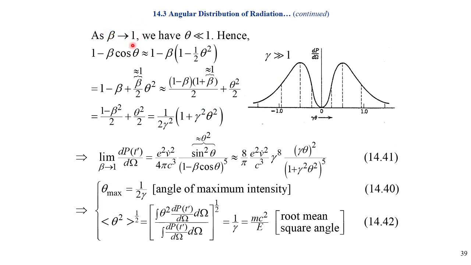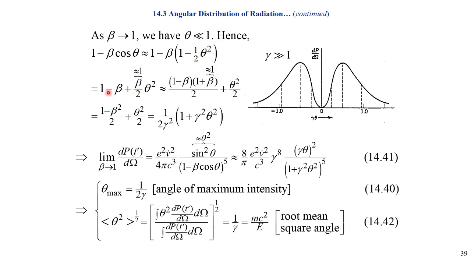Beta close to 1, we have theta is smaller than 1 because the radiation will be focused, will be tipped more and more. 1 minus beta cosine theta equals 1 minus beta, 1 minus 1 over 2 theta squared, because theta is very close to 1.